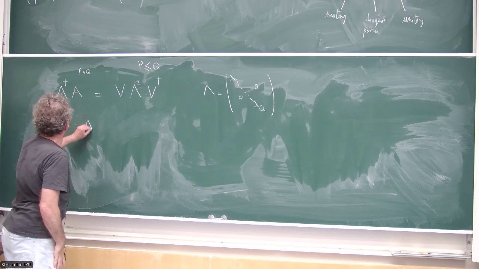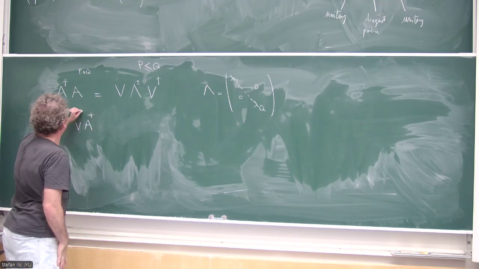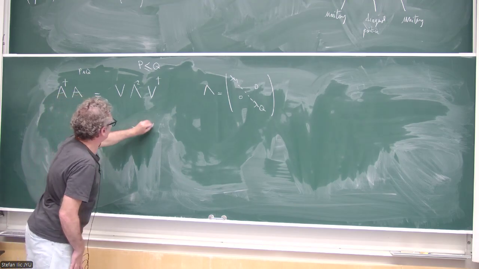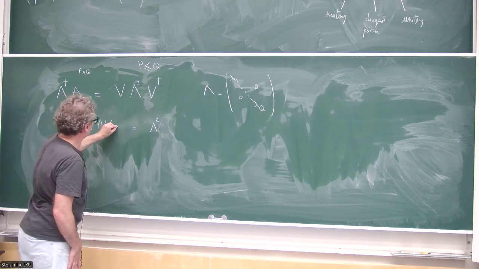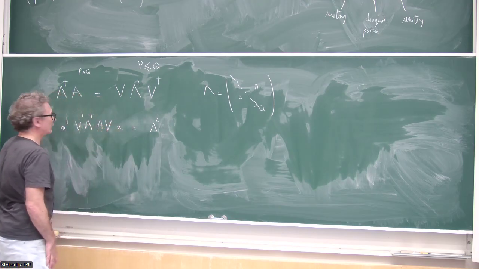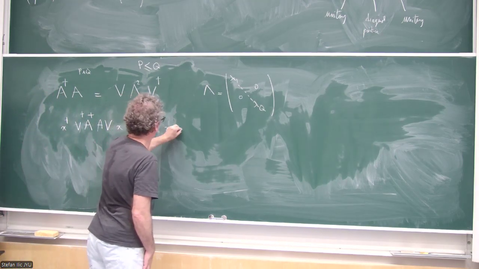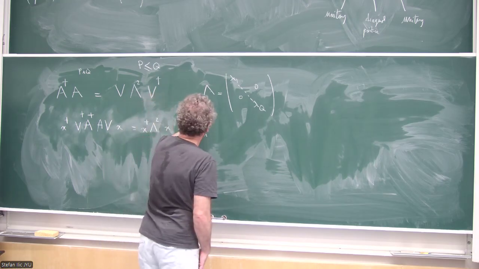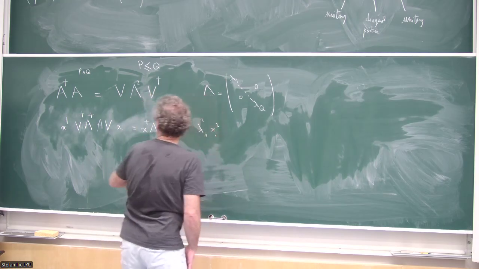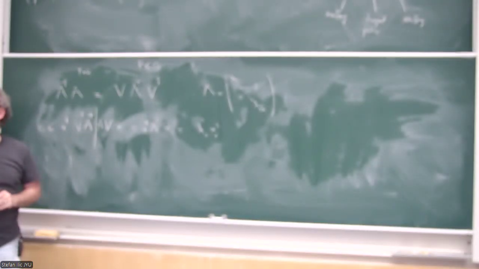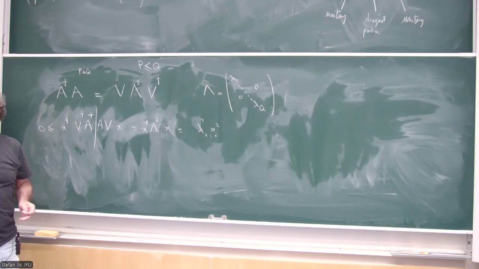If I just do A dagger A V equal to V lambda square, and now I take X dagger for X, where X is a vector, this is actually the sum of lambda i squared times xi squared. And it has to be positive because this is a scalar product. Therefore, all the eigenvalues are positive. It's a positive matrix, and you can see it's a square of something. Okay.